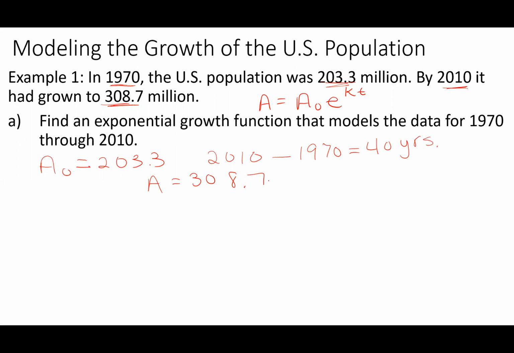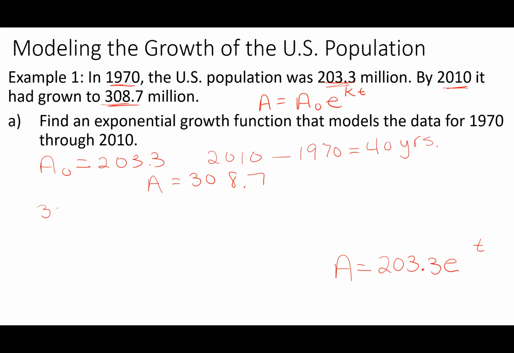So I need to find K so I can write my equation. My equation is going to look like A equals, I know my original is 203.3 e, but I don't know my K. And then you're going to have your T up here. So I've got to find K using the information they give me.